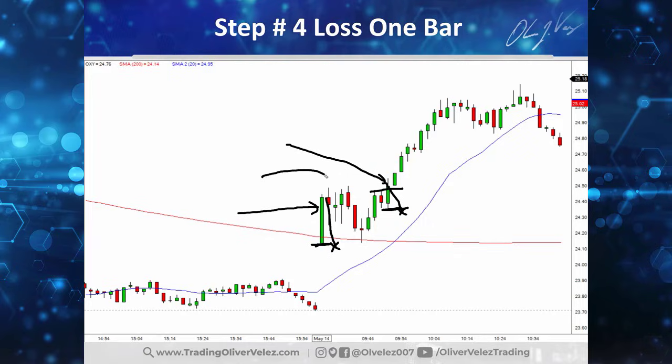If my traders buy into this green bar, they cannot lose more than that one bar. If the stock drops below the low of that bar that they jumped into, they must immediately exit the trade.